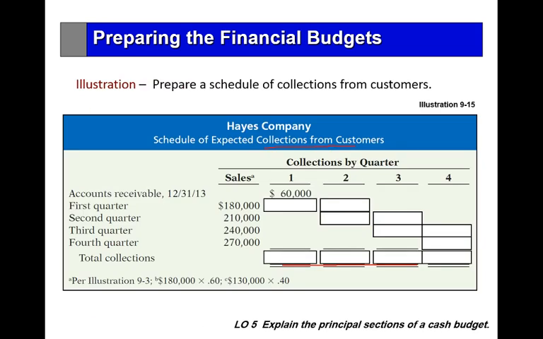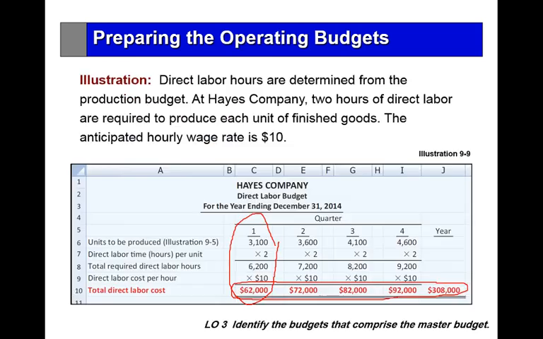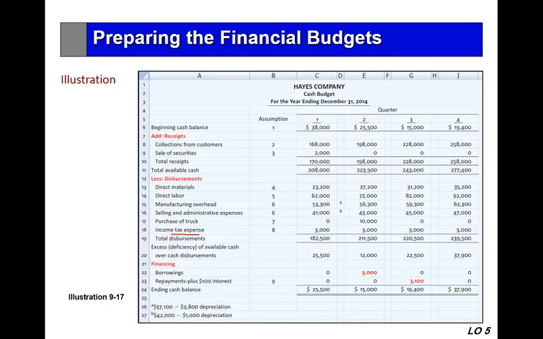Then we have 3,000 for every quarter in the cash budget, income tax expense 3,000. The total cash disbursement or payments for the first quarter is 182,500.